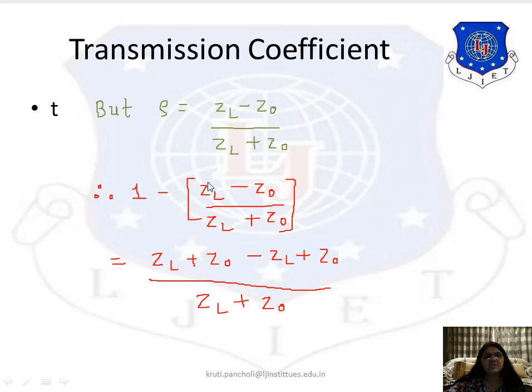So it is 1 minus ZL minus Z0 upon ZL plus Z0. So it is ZL plus Z0 minus ZL plus Z0 upon ZL plus Z0. So ZL is cancelled, and it is 2Z0 upon ZL plus Z0. So that is the value of the transmission coefficient.